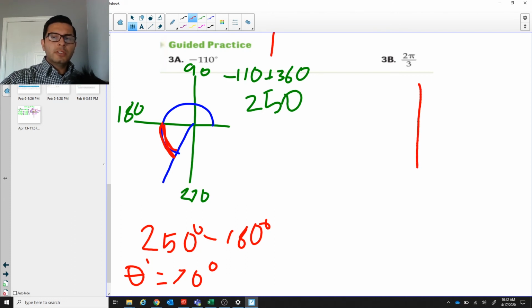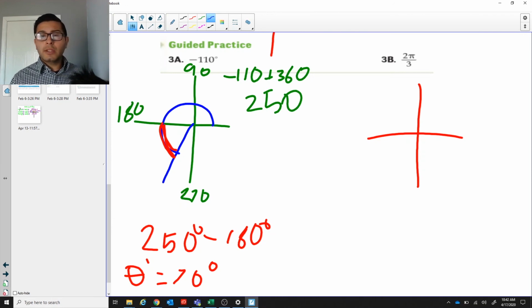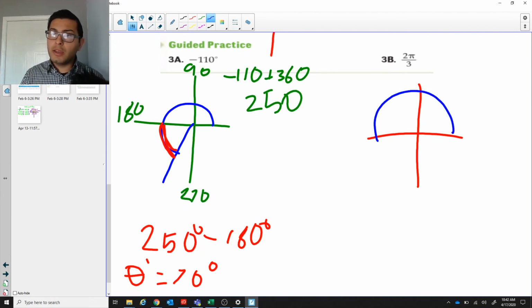First thing is first, you need to be able to graph your angle. Now you could convert this into degrees, graph it, and then convert it back into radians, but I'm going to do it the far superior way. If we have half a circle, or pi, and we look at 2 pi over 3, that is pi being divided into 3 different parts. Can I do that?